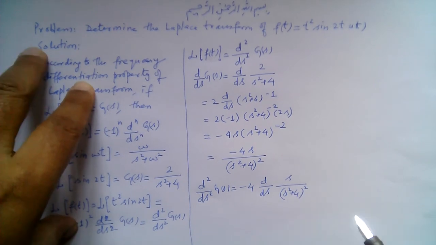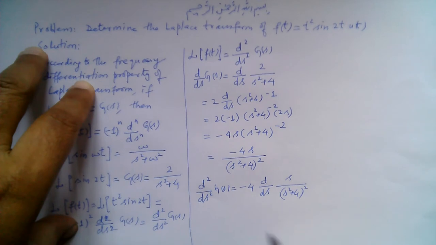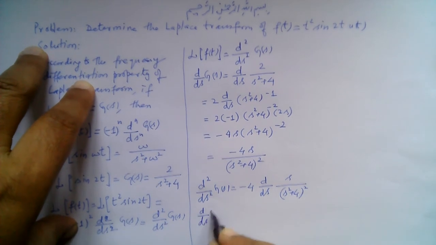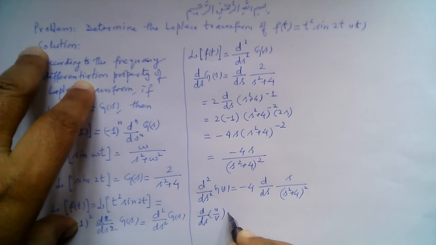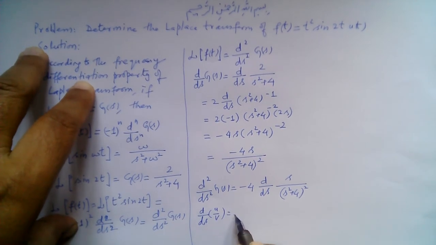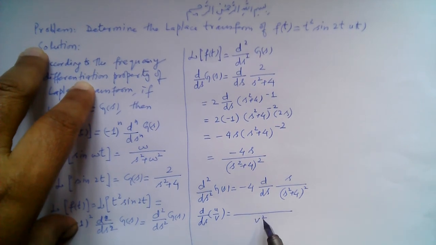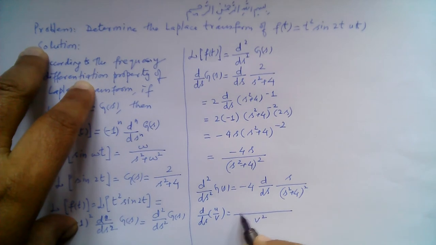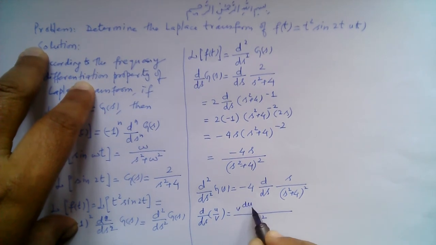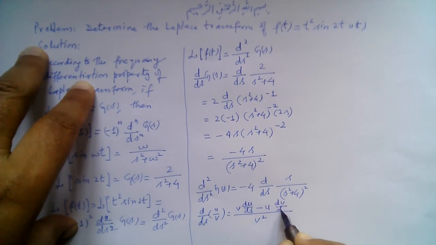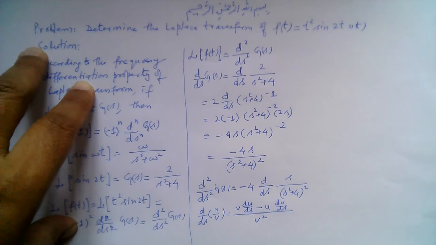So we can make use of this formula: the derivative d/ds of u over v is given by, in the denominator v², then v du/ds minus u dv/ds, right?